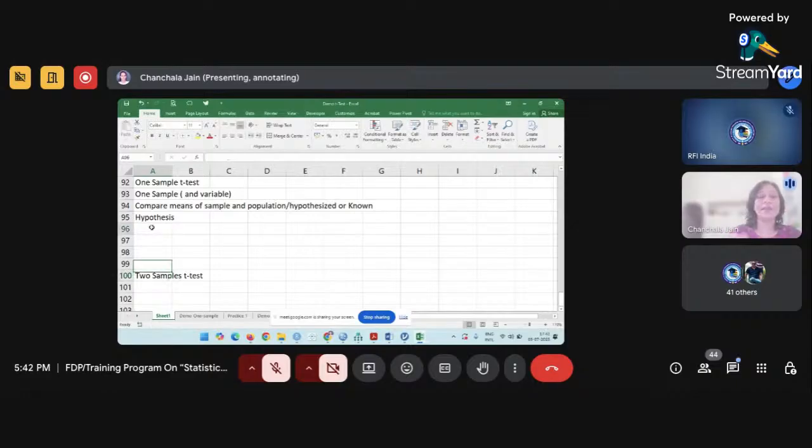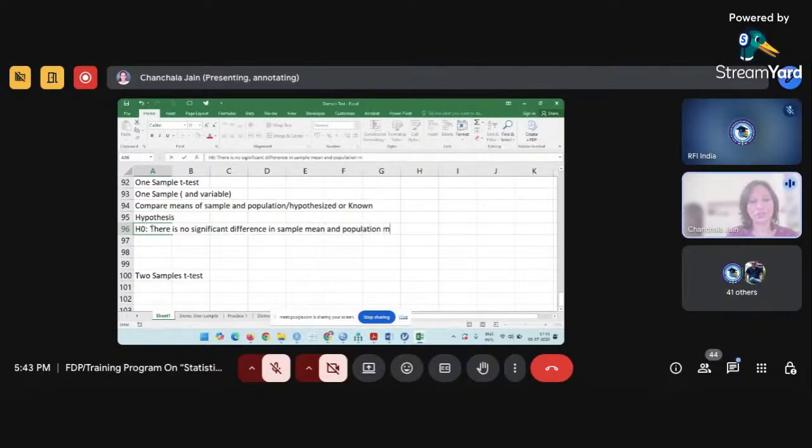When I say hypothesis, we can make the null hypothesis: there is no significant difference in sample mean and population mean, right?